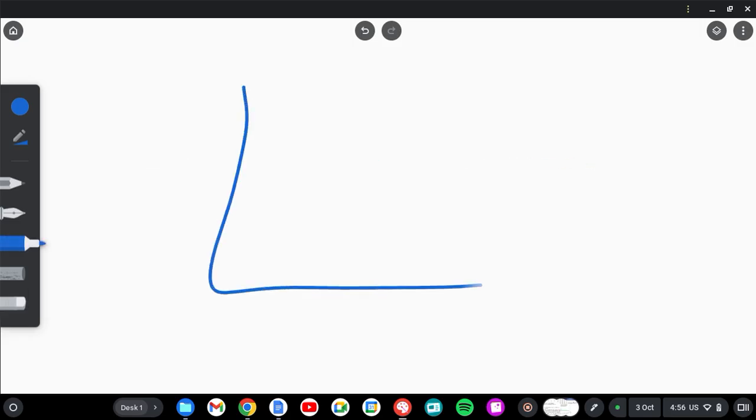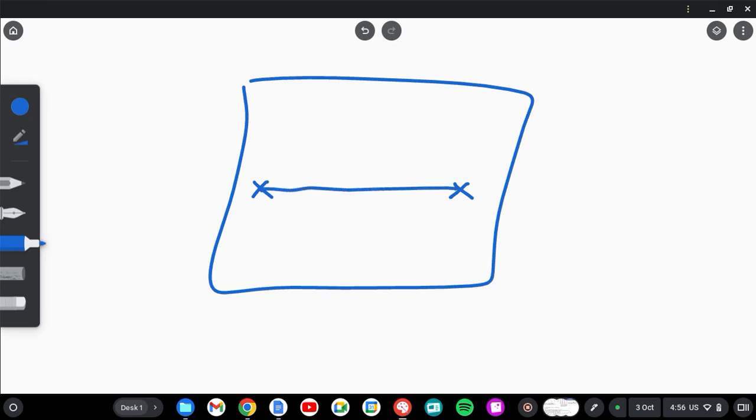You will draw a line from, let's say this is point x and this is point x. You will draw a line and you determine this as y equals c. Okay, y equals c. C is the value. So it can be 1, 2, or 3. Okay, it depends on the question.